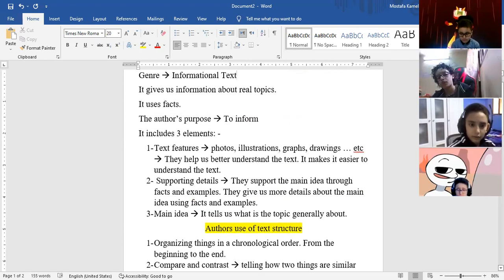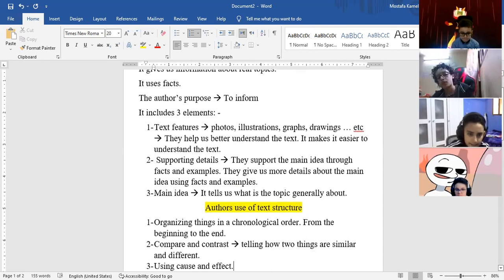We talked about the genre, the informational text. We explained the author's purpose, and Ilyas read everything about it.